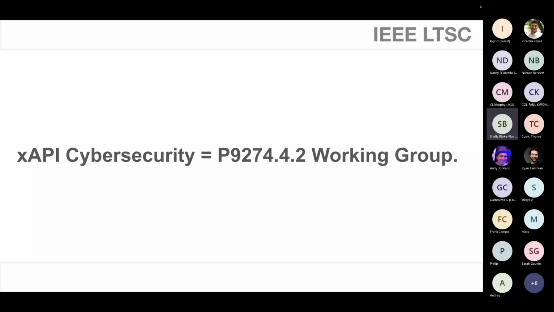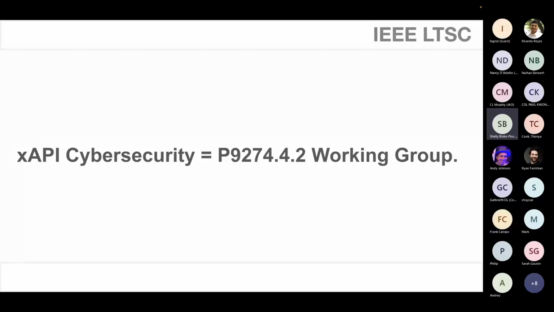The cybersecurity work specifically is done in the 9274.4.2 working group. Just for matters of clearing up delineation about all of these numbers, point 1 refers to the baseline standard itself, the xAPI standard. Point 2 relates to the xAPI profiles standard itself.